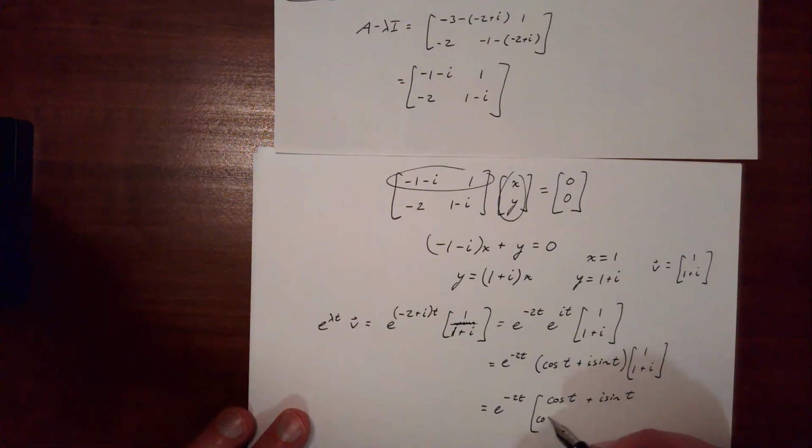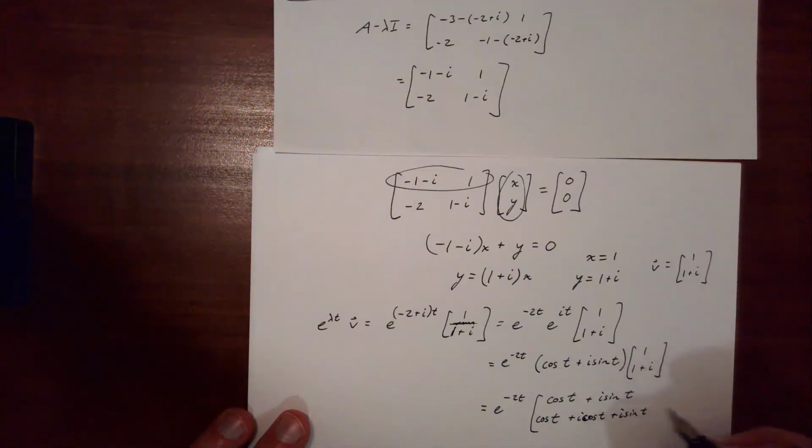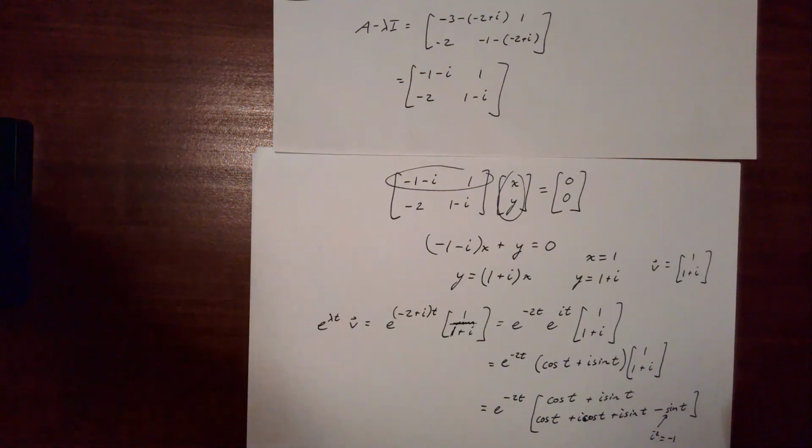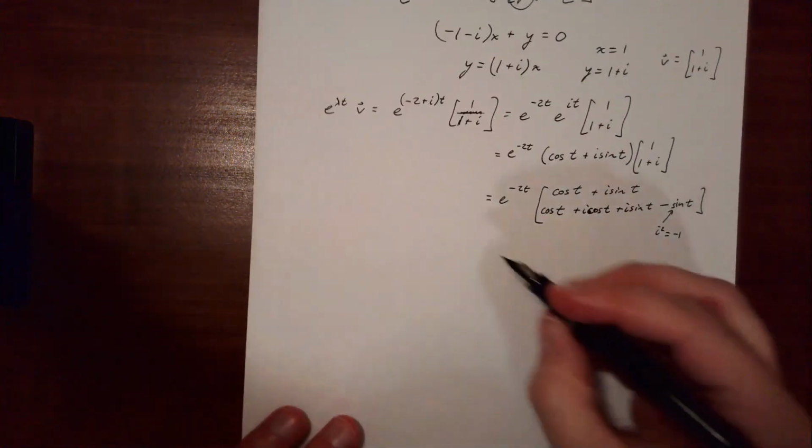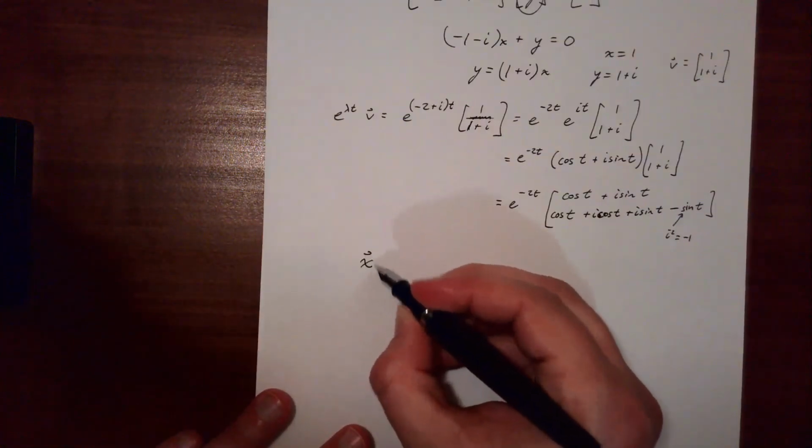So it'd be cosine t plus i cosine t plus i sine t plus i squared, which is going to be minus sine t. Which then I can break up into the two pieces, the imaginary and the real parts of the solution here.